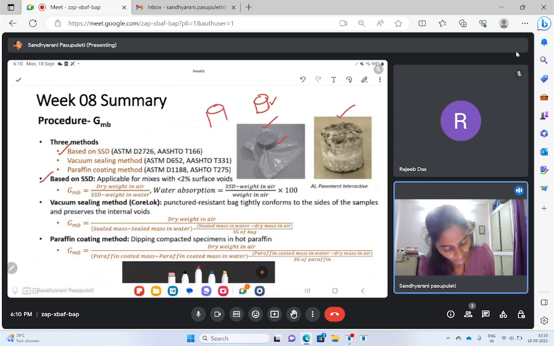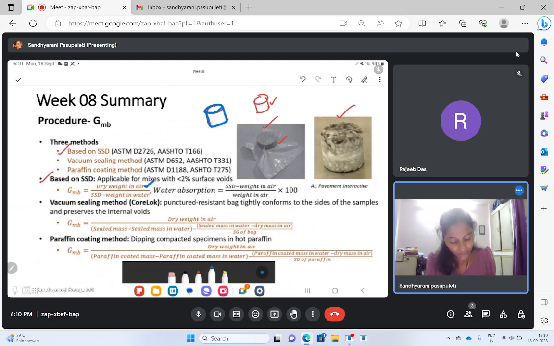Finally our aim is to find the volume of this specimen. It is not a regular shape and it has irregularities on the surface, so we cannot directly calculate the volume.